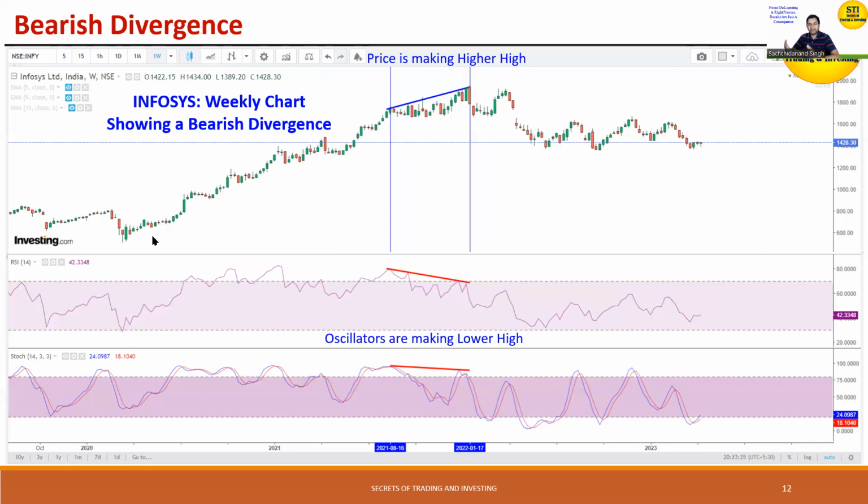Because whenever the price goes up, we are able to get the benefit. So in the stock market, what happens? Most of the time we just invest, we take entry, but we don't know when to exit. In the stock market, exiting is more important than taking an entry.